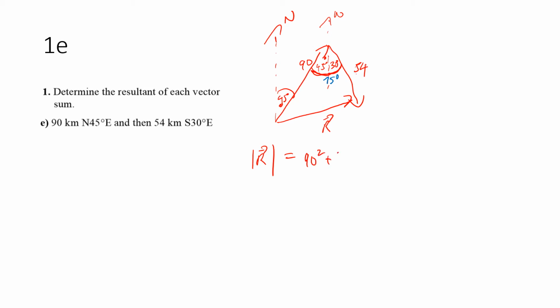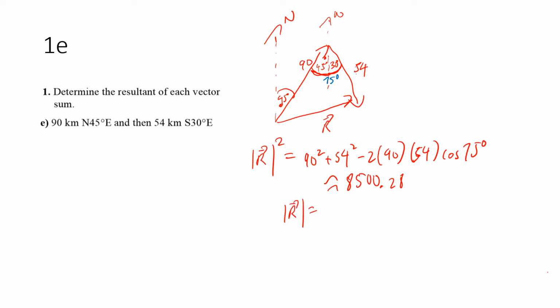We've got 90 squared plus 54 squared minus 2 times 90 times 54 cosine of 75 degrees, which is approximately 8,500.28. That's the magnitude squared, so the magnitude is just the square root of that, which is around 92.2.